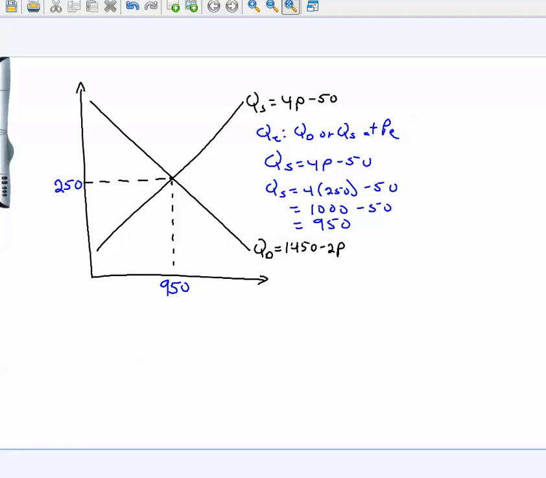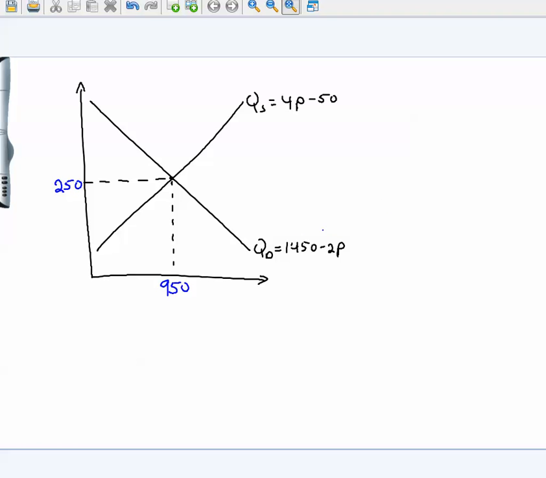Then it asked, how much would consumers want if the government gave this product away for free? How much would consumers want is a question about the demand curve. So if we set the price equal to 0, I think I did that. Did that work?